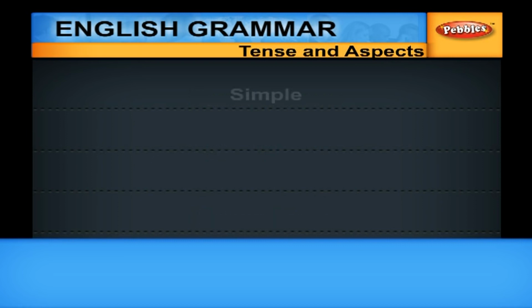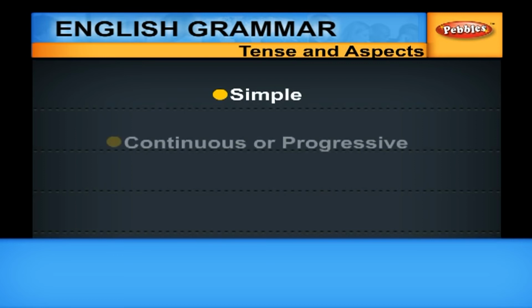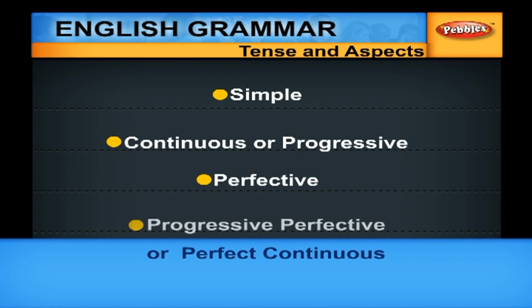What kind of action is performed in that time? This is what we call aspect. There are 4 aspects. First one is simple. Second one, continuous or progressive. Third is perfective.